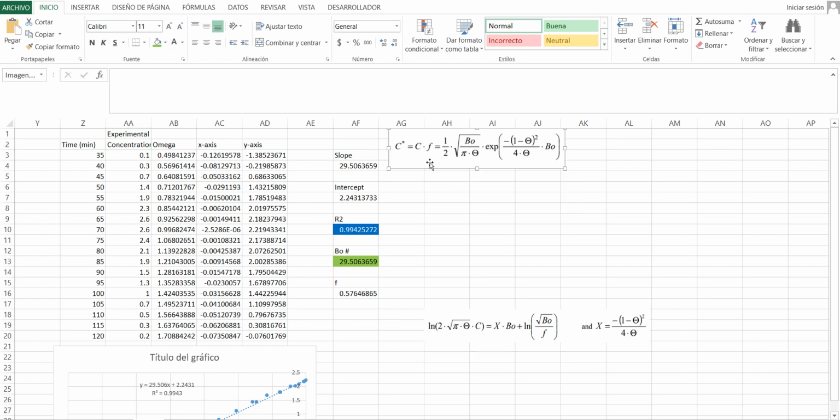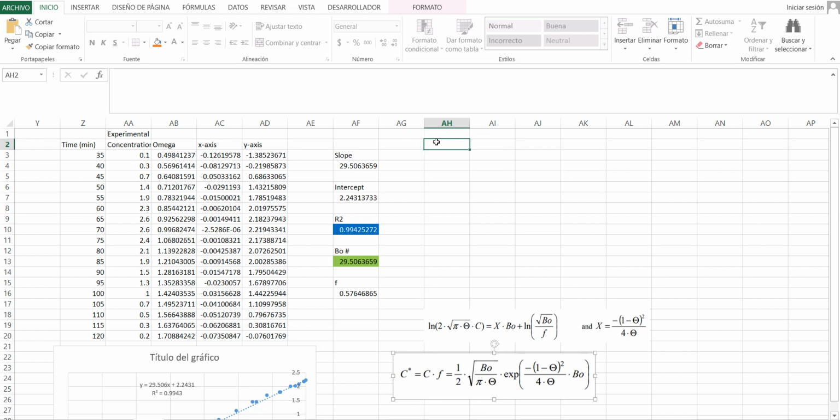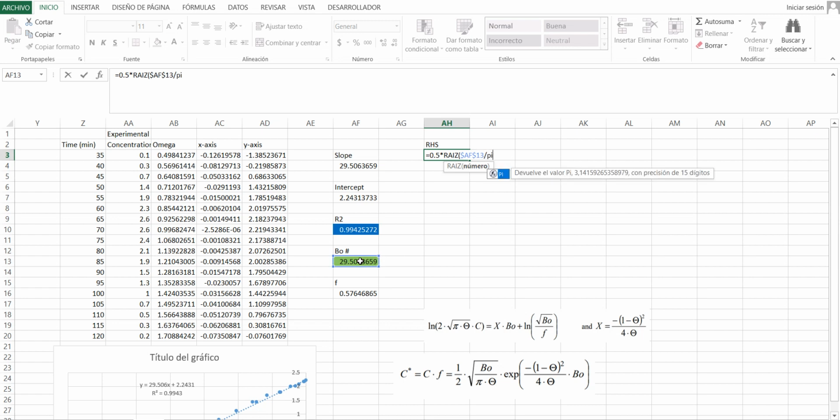And just put it a little bit smaller. No, let's put it bigger because I cannot see it. And I put it at the end. So yes, it would be the right-hand side of this equation. It would be equal to 0.5 times the square root of the new Bodenstein number, the improved one, divided by pi divided by omega.